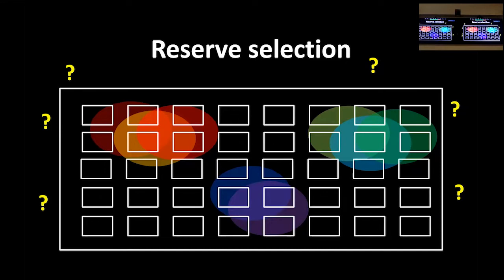In order to frame this as a mathematical problem, we need to think about our objectives and our constraints. We might say that we've talked to some experts and they tell us that each species needs to have at least 1 grid cell protected, and that might be enough to guarantee their persistence for another 50 years. So based on that knowledge, we know we need 1 grid cell per species.